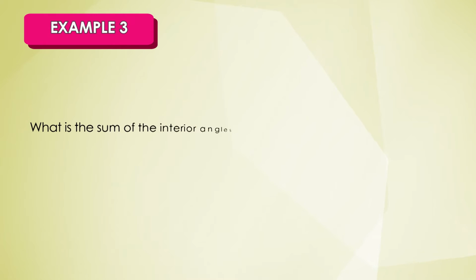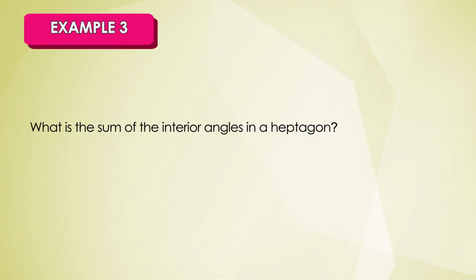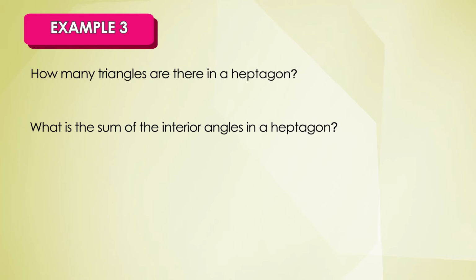Let's look at an example before moving on to the exterior angle. What is the sum of the interior angles of a heptagon? What do you think, girls and boys? Excellent job! Let's look at it together. How many triangles are there in a heptagon? Use the concept of sides, which is n minus 2. 5!